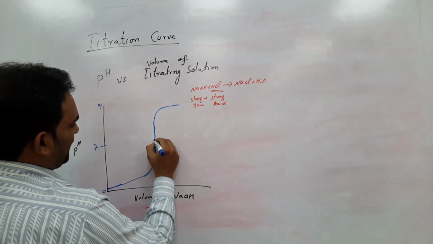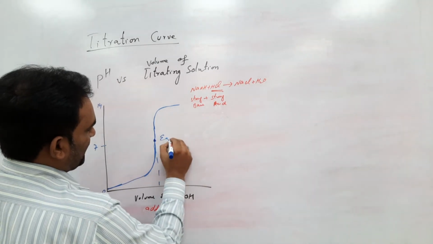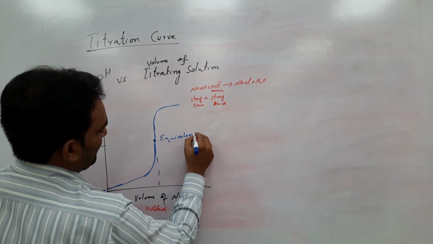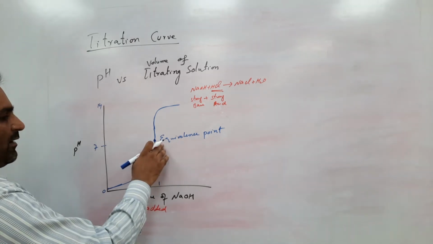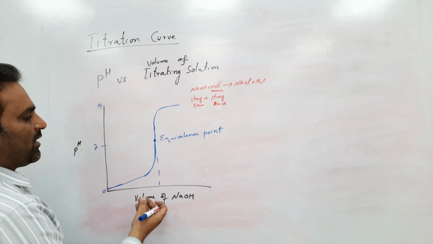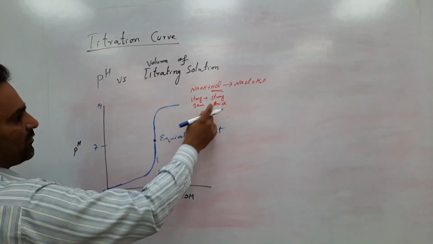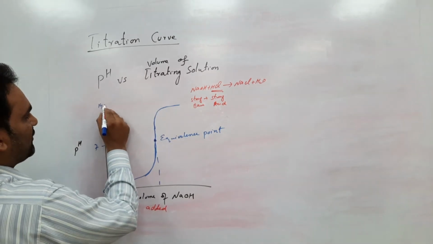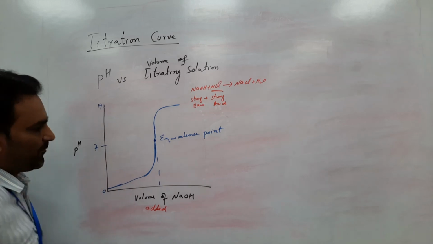That point will be near 7. That is called the equivalence point. After this point, you add more and more sodium hydroxide, so the pH will increase, because you have a strong base, and strong bases are those which have a pH near 14.